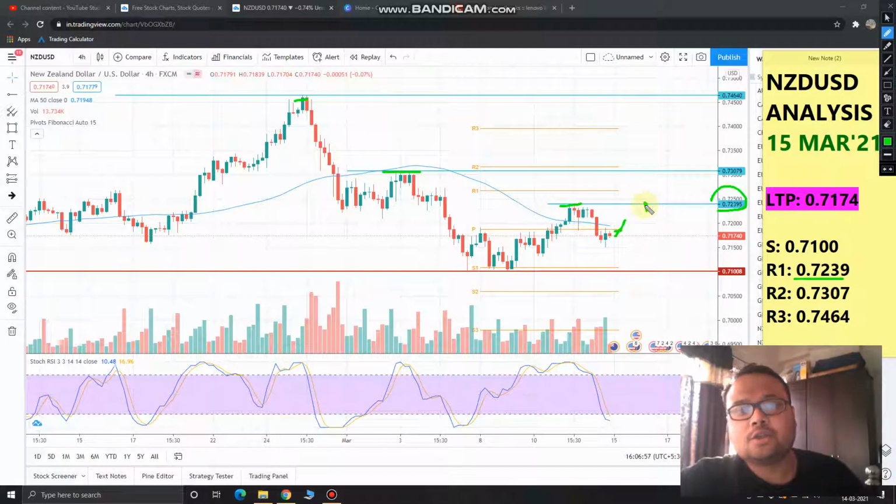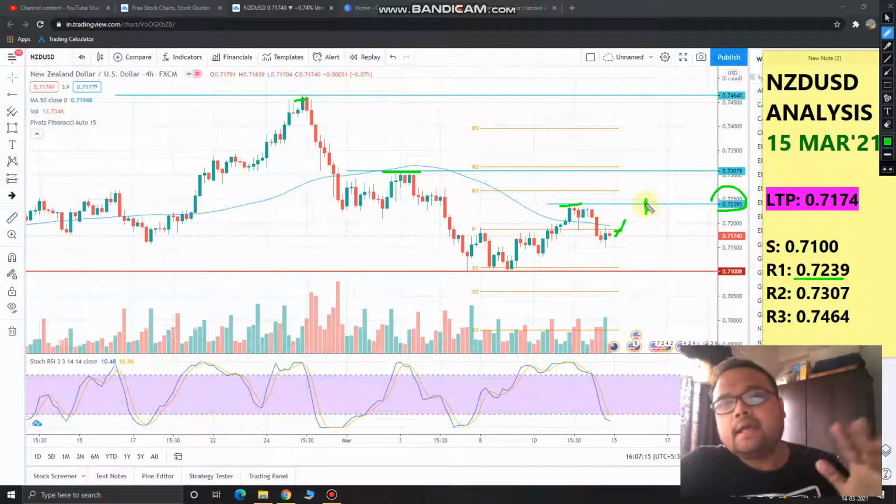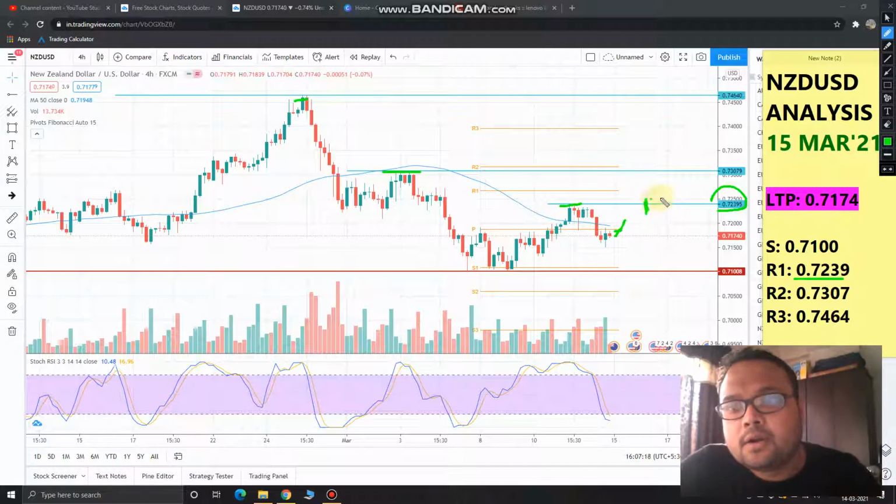And in case it crosses this resistance one, then wait and watch. Wait for 1 hour, 2 hours. Just try to understand the market psychology. If you see that market is trading comfortably for 1 or 2 hours and the price is doing great, then go ahead and place the buy order above the resistance one, because now the resistance has become the support.